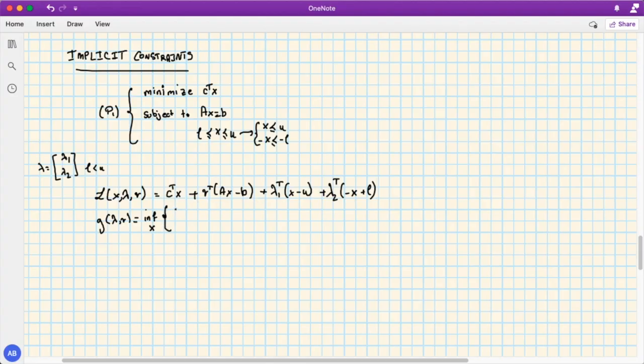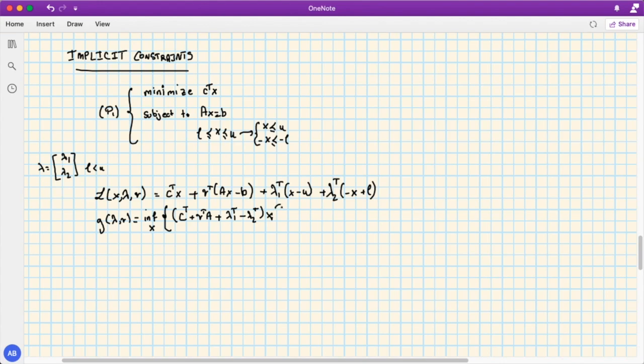So we've got c transpose plus nu transpose A, that's over here, plus lambda 1 transpose, that's over here, and minus lambda 2 transpose, all multiplied by x.